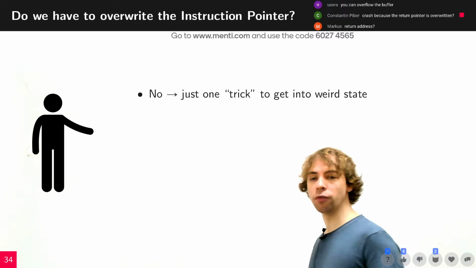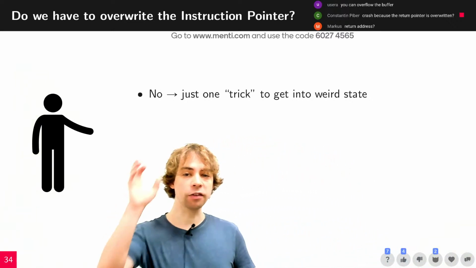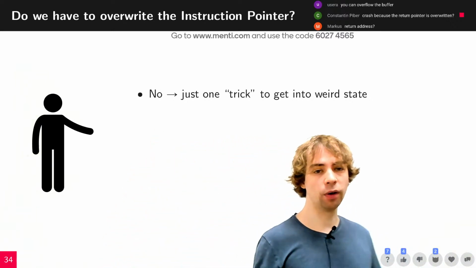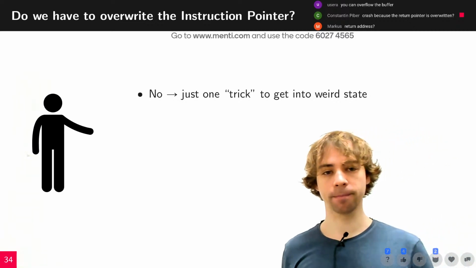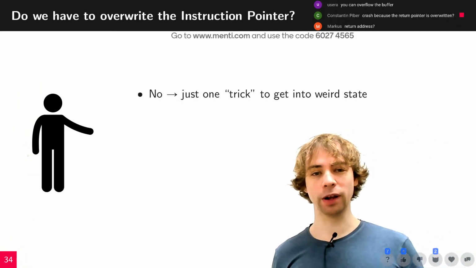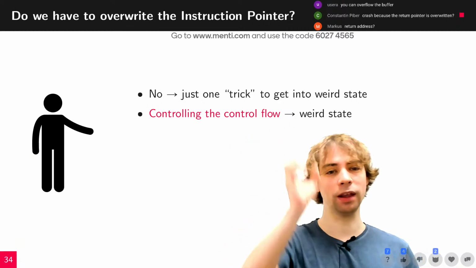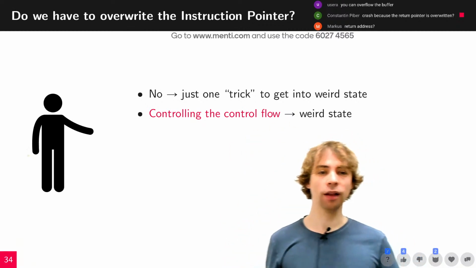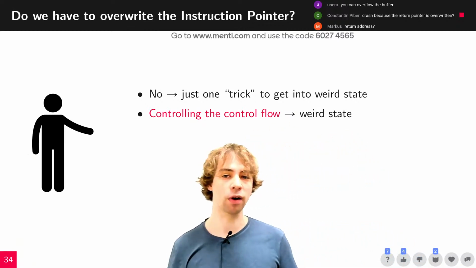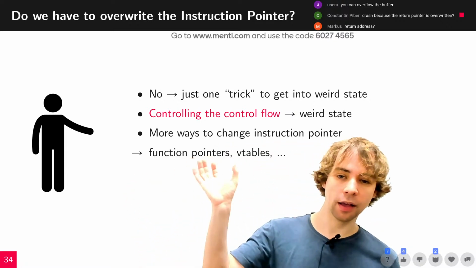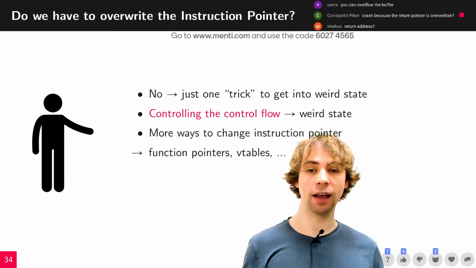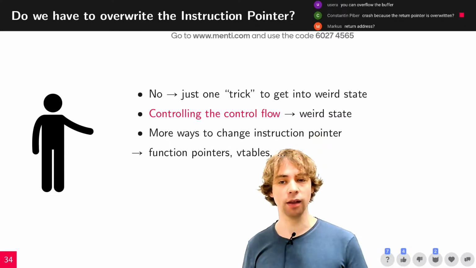So do we have to override the instruction pointer? No, that's just one trick to get into the weird state. But in general, if we control the control flow, then we can enter a weird state. So there are more ways to change the instruction pointer. There are, for instance, function pointers, and vtables that might be stored somewhere in the program.